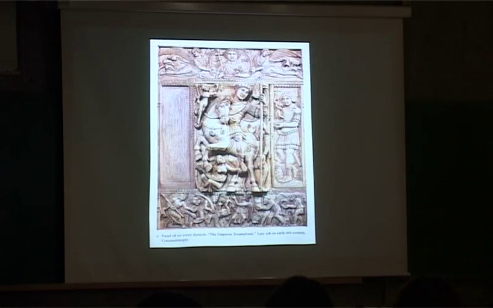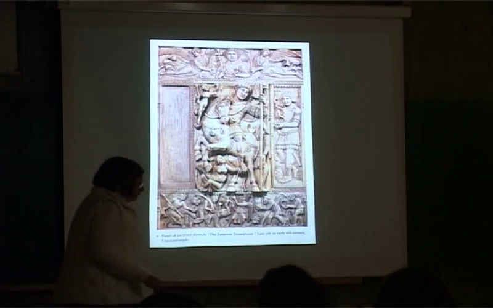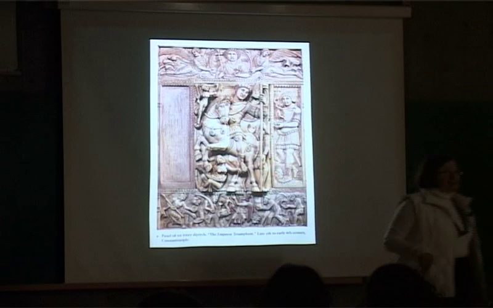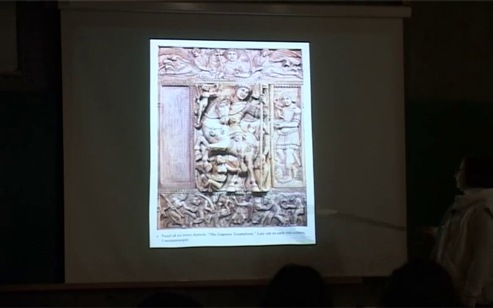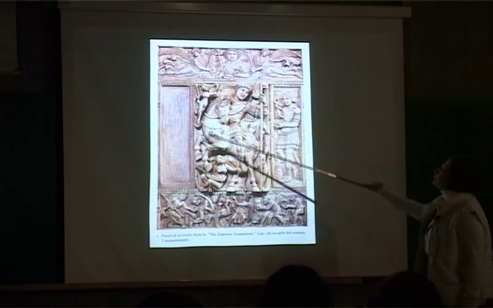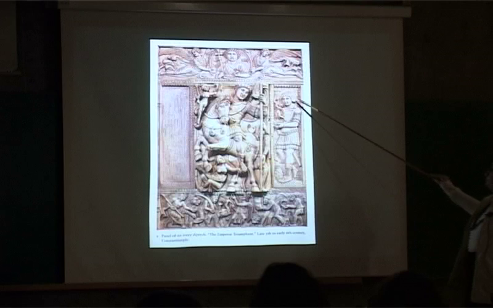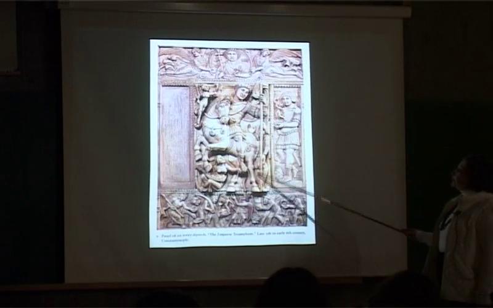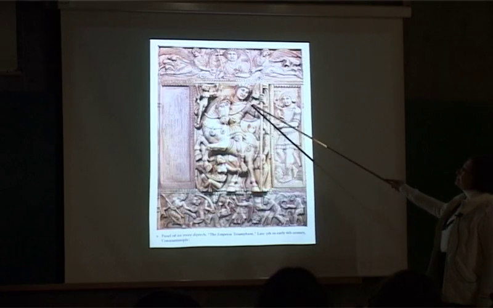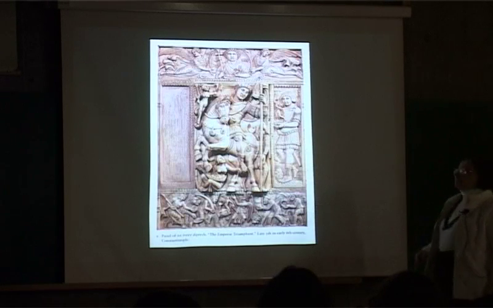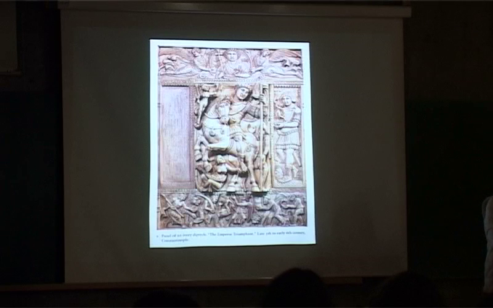In the 6th century, however, a new emperor comes to the throne. He is Justinian, and we think that this ivory depiction belongs to Justinian. It's not absolutely certain, but the equestrian, that is, emperor mounted on a horse, triumphal depiction points to Justinian.